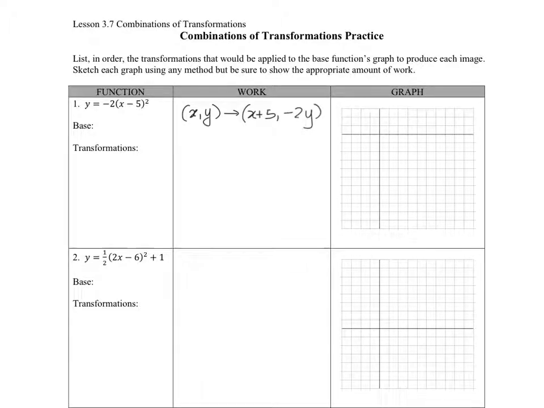For our base graph points, we're going to have (-2, 4), (-1, 1), (0, 0), (1, 1), (2, 4).